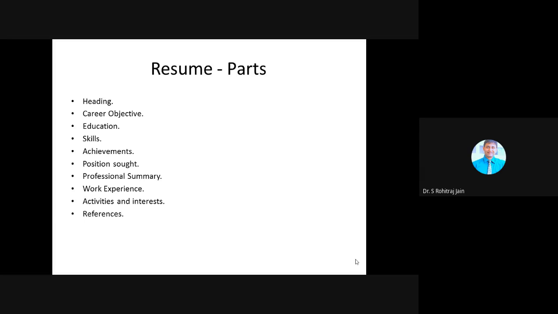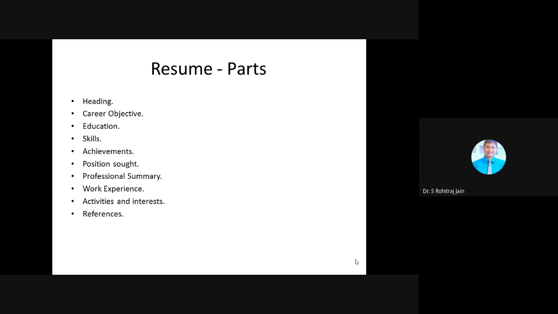And always remember, the faculty with whom you used to interact more, you please give that faculty reference and inform that particular faculty or teacher that you have mentioned his or her name in the resume as reference. Correct?